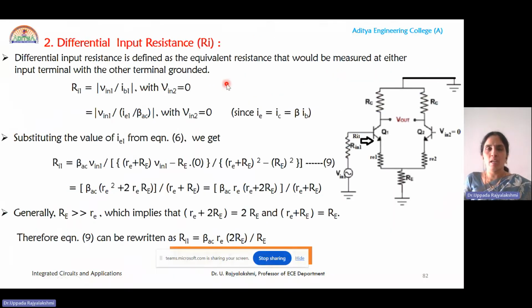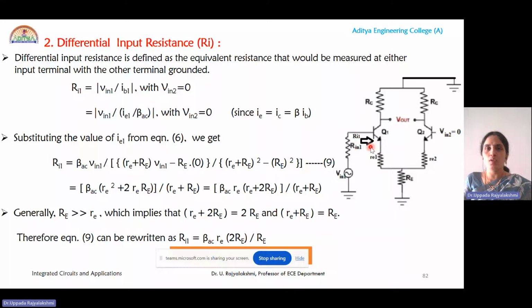And the second parameter that we need to calculate under AC analysis is the equivalent input resistance, that is Ri1. This Ri1 is the equivalent input resistance for the Q1 transistor, considering the input of the Q2 transistor as 0 volts.